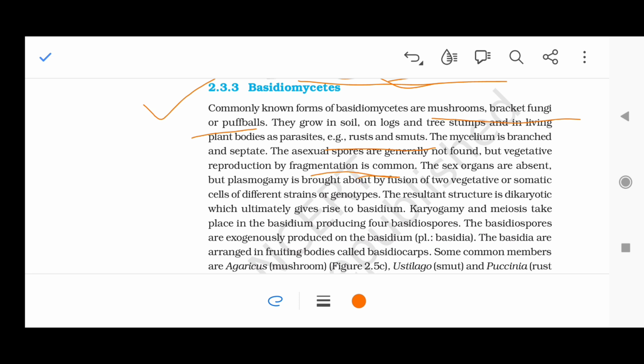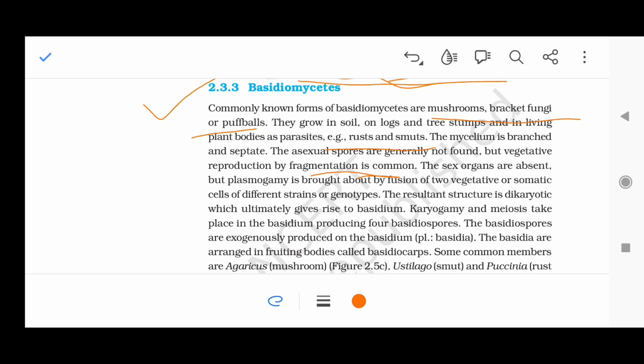Here the vegetative reproduction is completed by fragmentation, where the fragments form their own individual organisms. The sex organs are absent, but plasmogamy is brought about by fusion of two vegetative or somatic cells of different strains or genotypes.